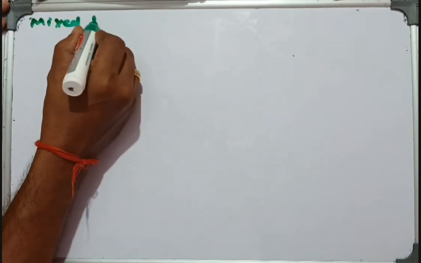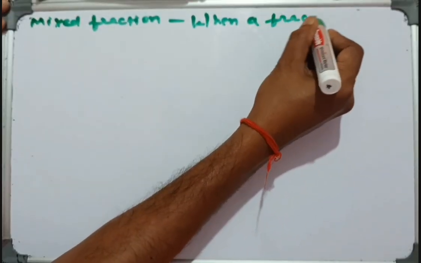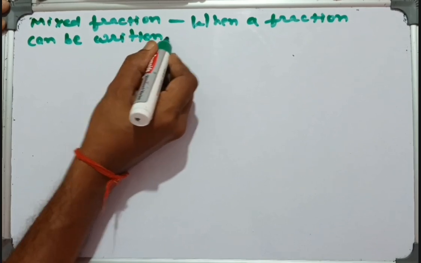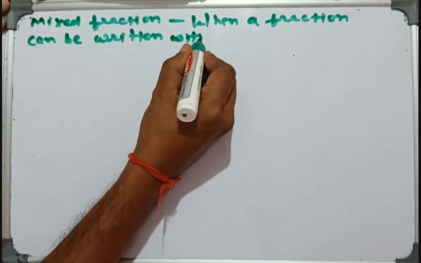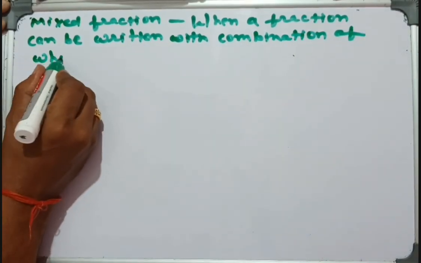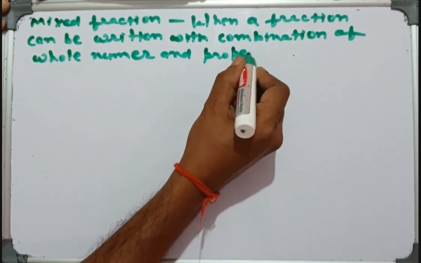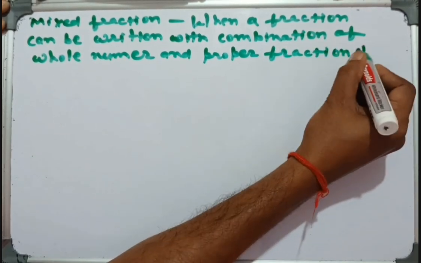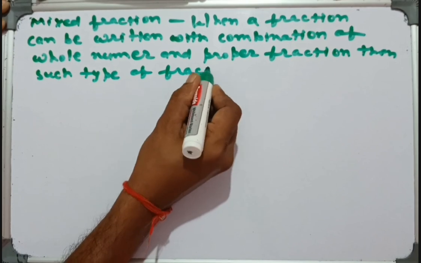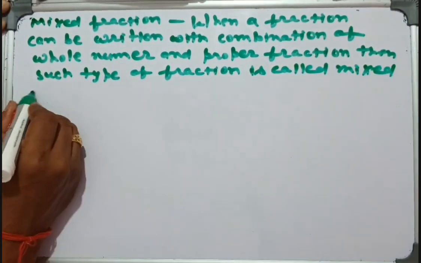Mixed fraction: when a fraction can be written as a combination of a whole number and a proper fraction, then such a type of fraction is called a mixed fraction.